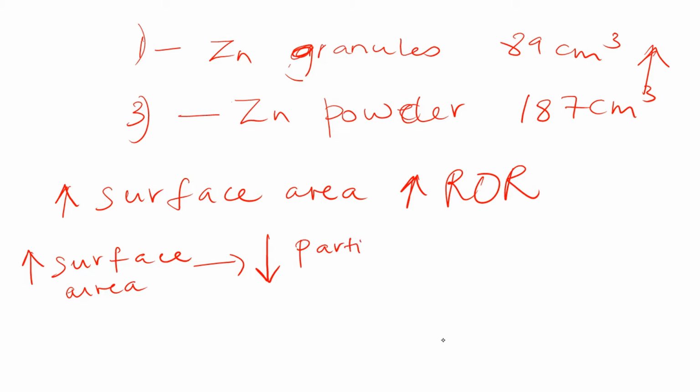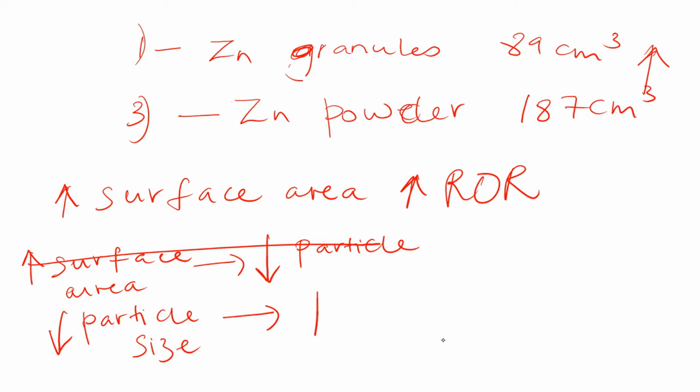I think I should have said that the other way around. When you decrease the particle size, let's go again. When you decrease the particle size, you increase surface area.